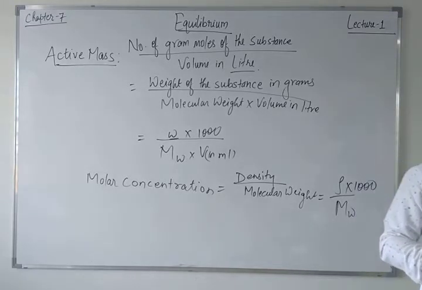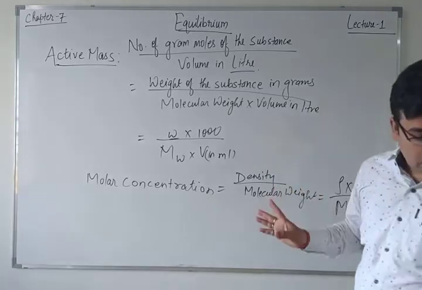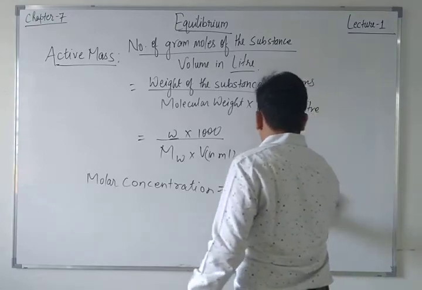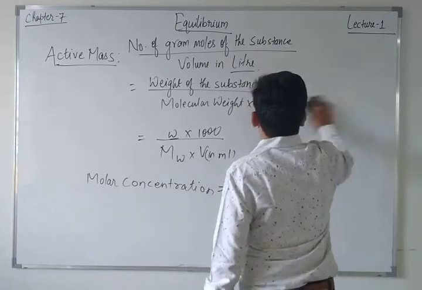If you want to derive the equilibrium constant, then I am just showing you how to write this. I hope all of you have understood the active mass. Now we will talk about the concentrations, whatever Waage has given in 1864.